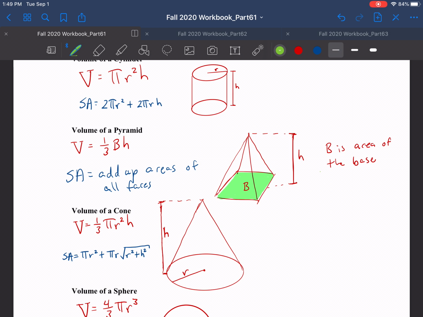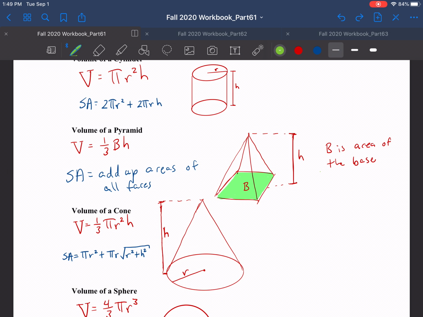How do you find the surface area? Well, you're essentially just going to add up all the faces that you have. So it's going to be whatever the area is of the base down here, in this case the area of a square, plus the area of all the triangular faces. This triangular face, this one, this one back there, and the one on the back. So there are 4 triangular faces on this one, and you'd find the area of each triangle and put them all together.